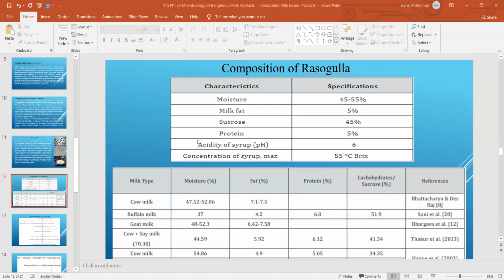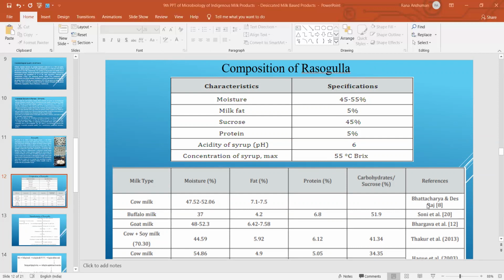And here in this table slide, I have tried to give you the composition of Rasgulla. Moisture level is 45 to 55%, milk fat is 5%, sucrose is 45%, protein is 5%, acidity of syrup is 6%. So just by going through this table, you can have an idea about the composition of Rasgulla. And if you are preparing from different types of milk, automatically there may be variation.